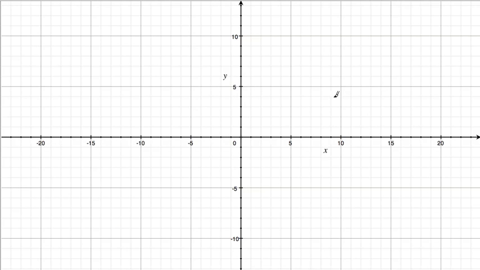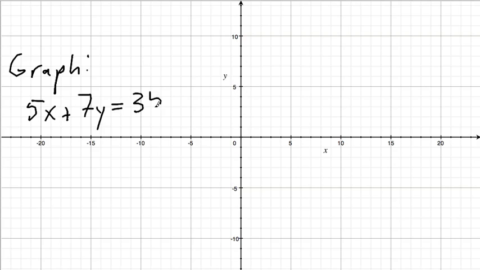Here is our coordinate plane, and why don't we graph the equation, let's say 5x plus 7y is equal to 35. So first we are going to find the x-intercept, and to find the x-intercept we set y equal to 0.